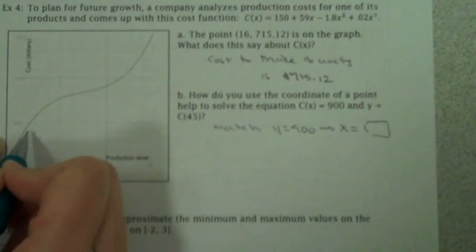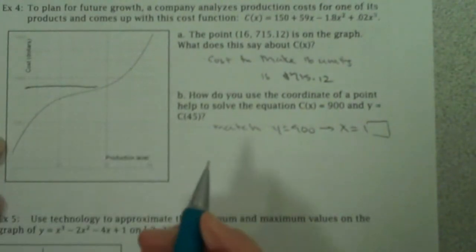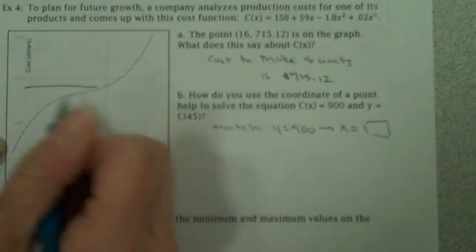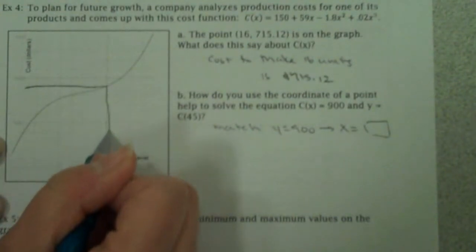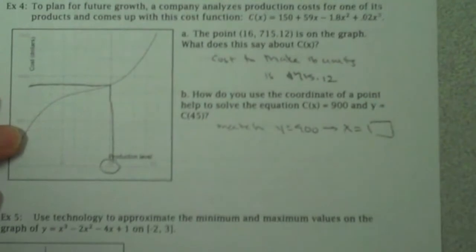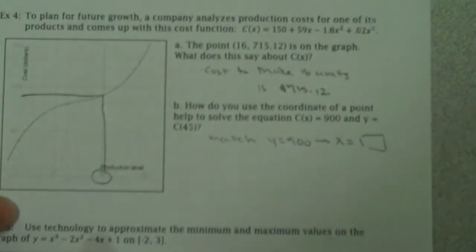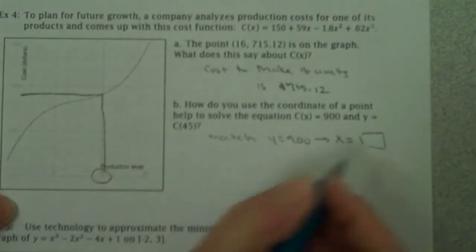So you would look at a Y value of 900, follow it over to try to find the X value that matches, and you could figure out a production level. So the X value that matches with that Y value is going to give you a production level.